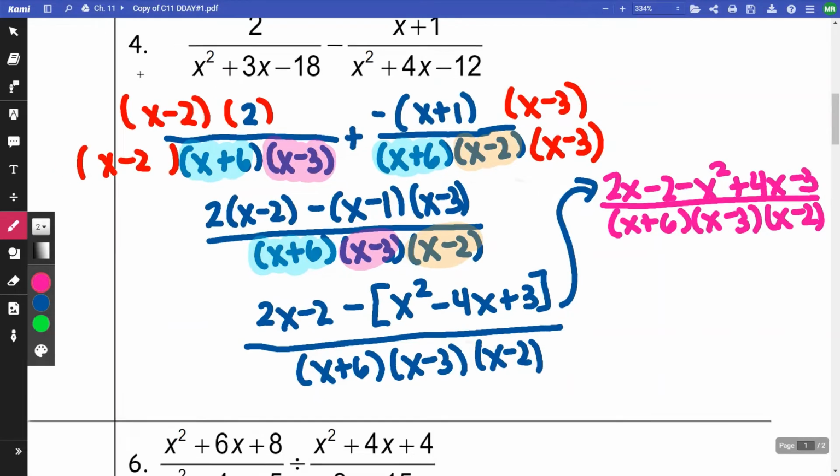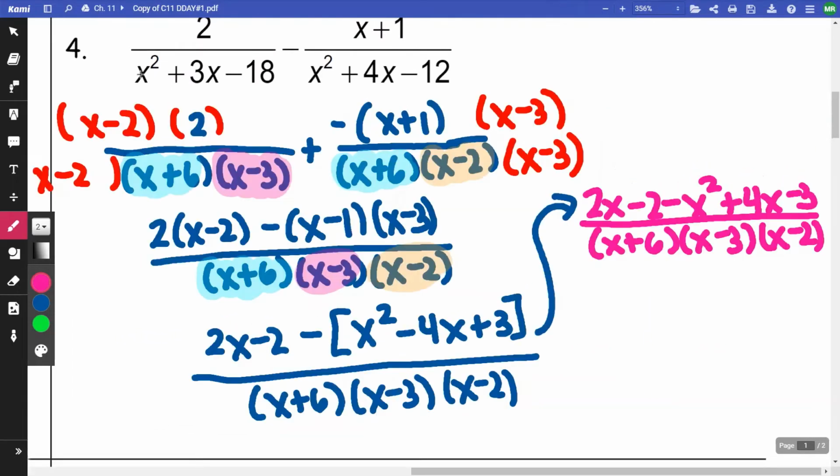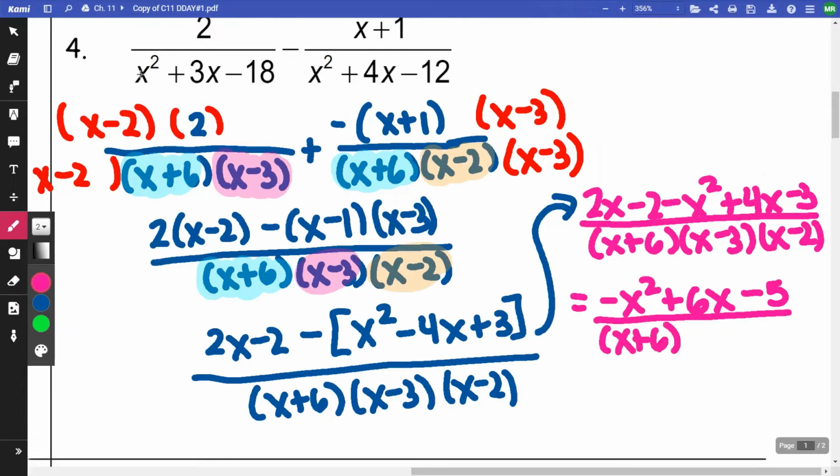I'm going to combine like terms. So I'm going to have a -x squared, a 6x, and a -5, over x plus 6, x minus 3, x minus 2.